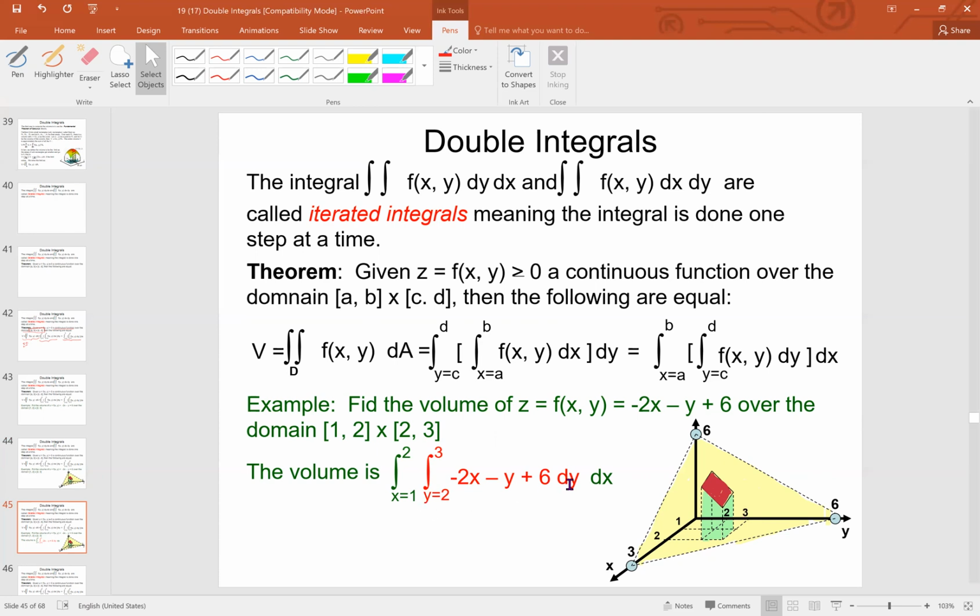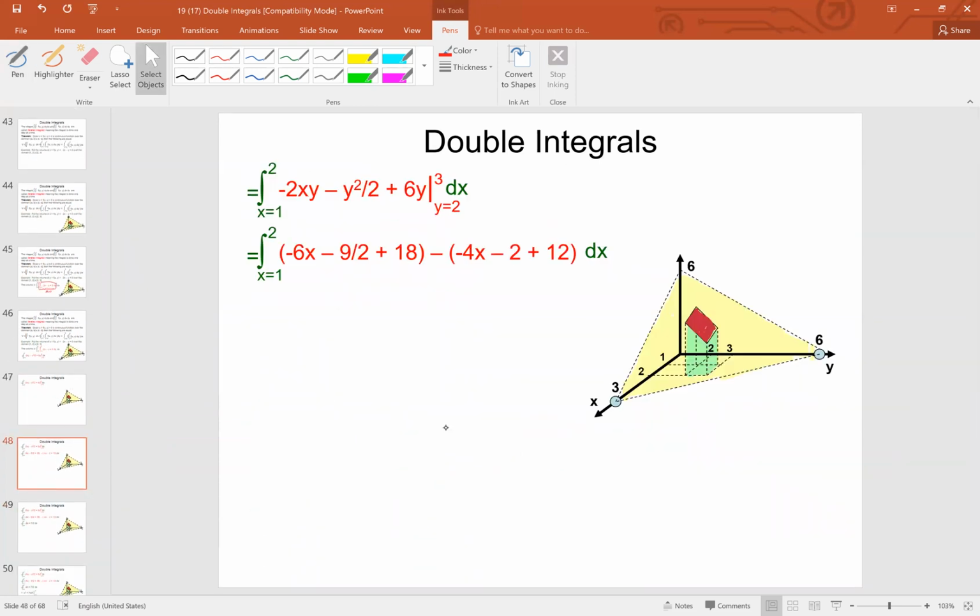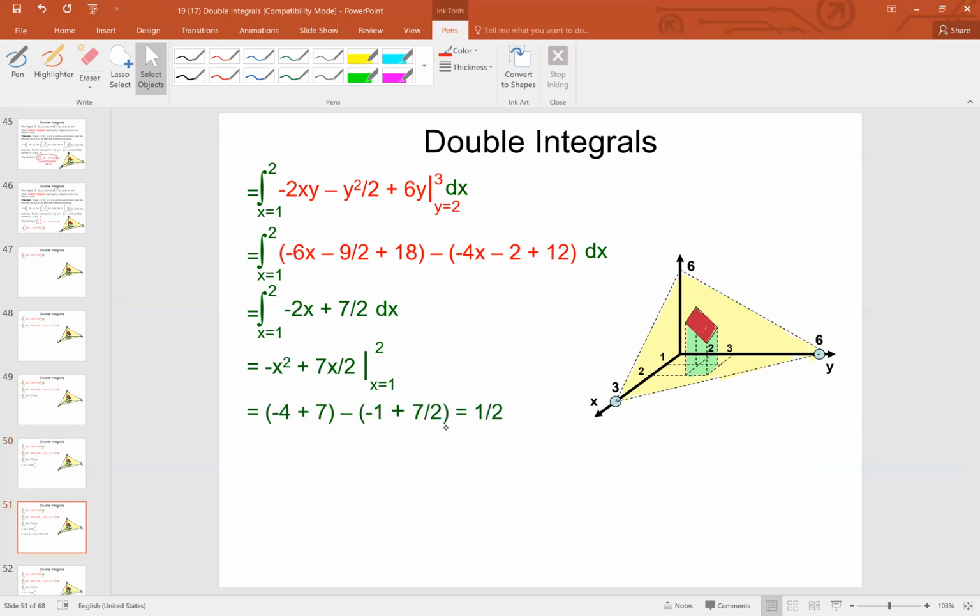You can integrate with respect to y first, which is going to be A of x. After we integrate this definite integral, we get a formula in x. Keep going, we get this formula in x, then we integrate this with respect to x. Now we get the answer for the volume.